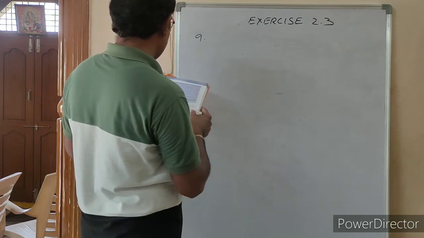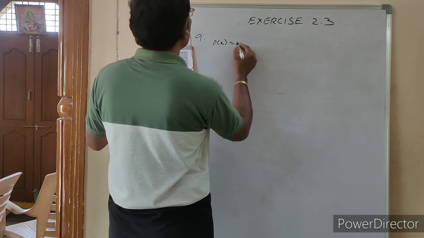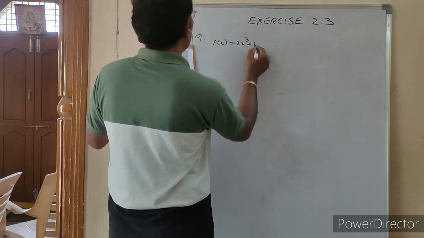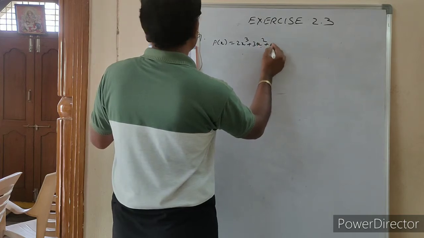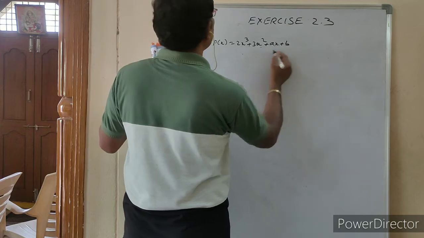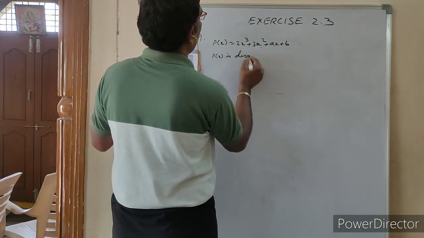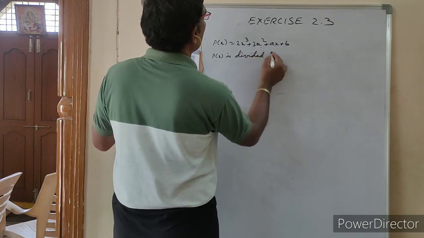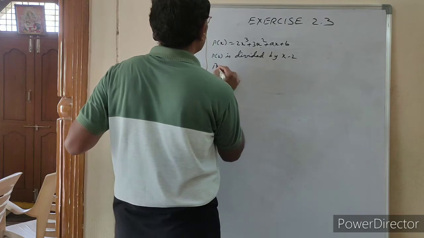Given polynomial, assume p of x, that is 2x cube plus 3x square plus ax plus b. If you divide p of x with x minus 2, remainder is how much here?